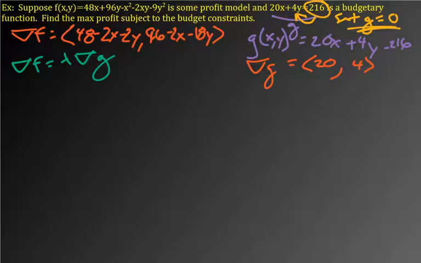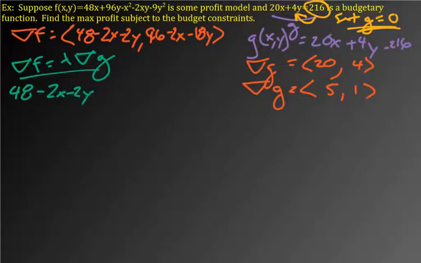The gradient of G is a constant vector here, which is nice, so I can scale everything down because 20 and 4 are nice together. I can just use 5 and 1, which means my first equation could just be 48 minus 2x minus 2y equals 5 lambda, and then I could have 96 minus 2x minus 18y equals just lambda.